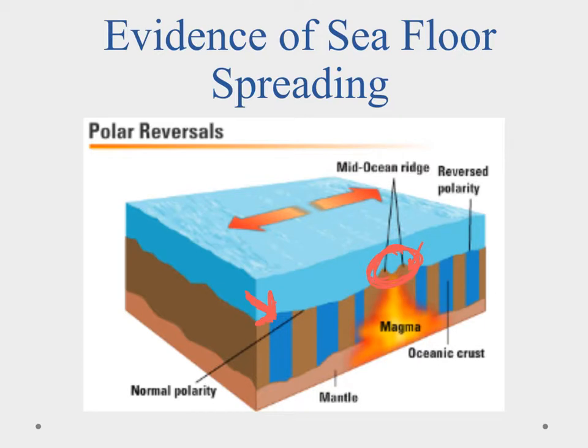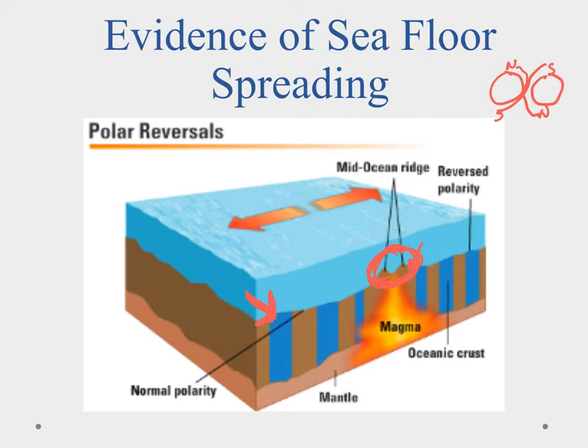What that means is if we look at our Earth and we have our magnetic north and our magnetic south as it is now, that every so often, and not like every few years, but geologically a short period of time, like 10, 20,000 years, we would notice that the Earth's magnetic poles would switch. And our north would be where the South Pole was, and our south would be where the North Pole was.